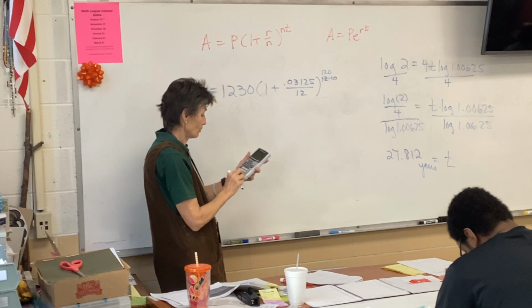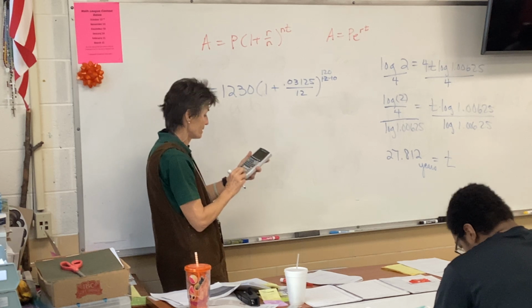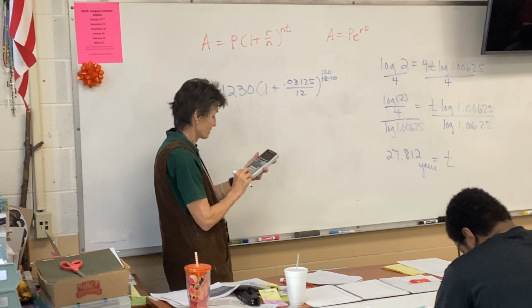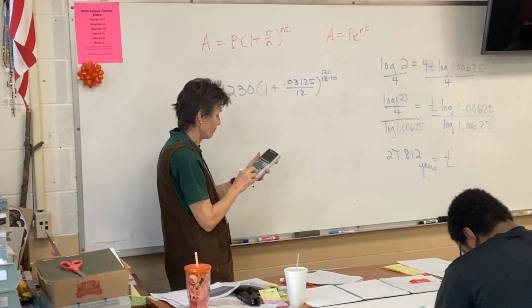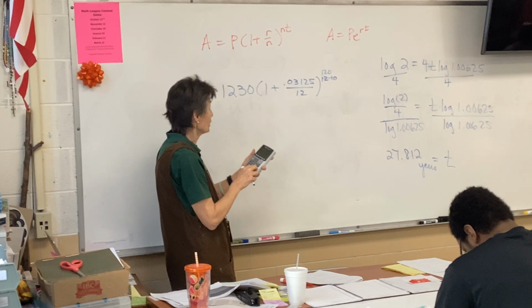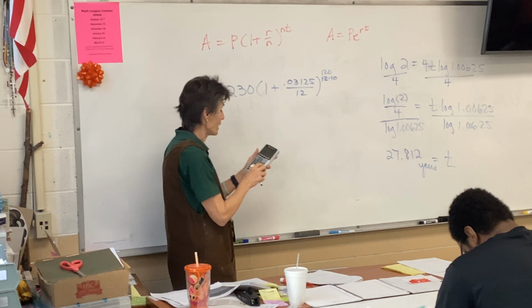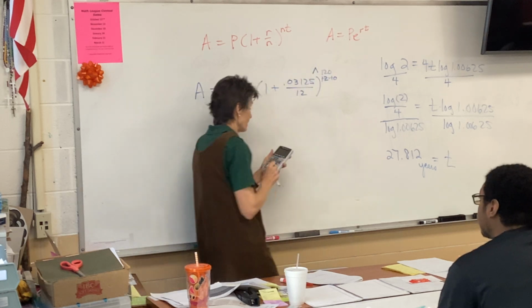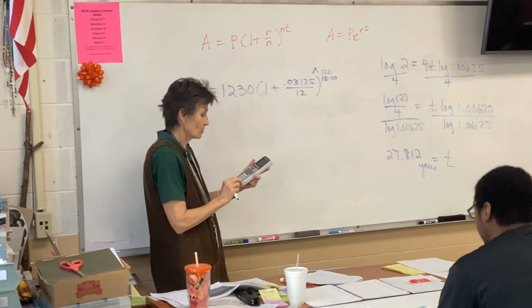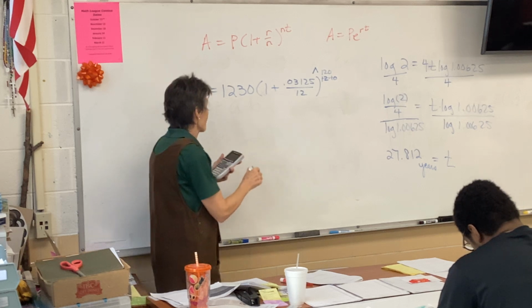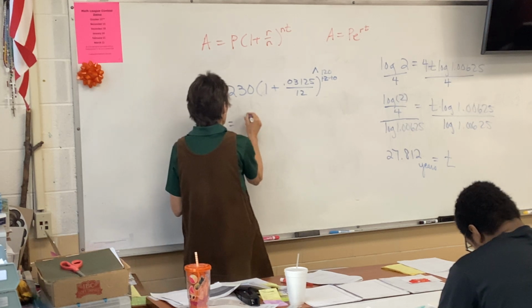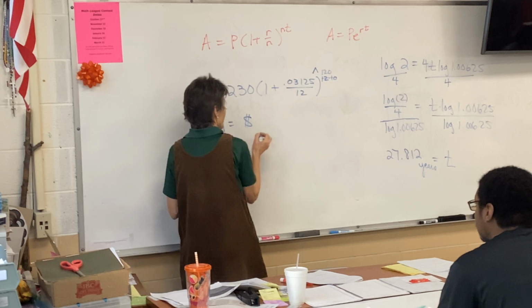So 1230 parentheses 1 plus 0.03125 divided by 12 close parentheses raised, using that button right there, to the 120. Tell me what you got. This is a money amount.